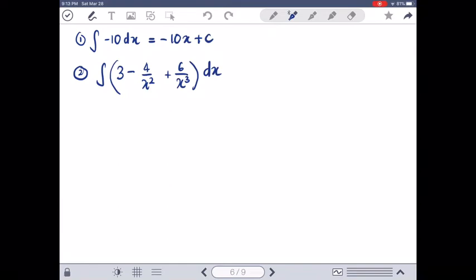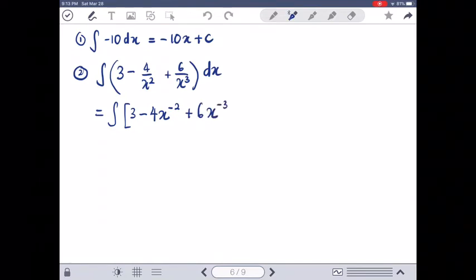Again, in this case, we have to treat each term individually. Before we do that, remember to bring the denominator up to become the numerator. So this is just equal to integration of 3 minus 4x to the power of negative 2 plus 6x to the power of negative 3 with respect to x.